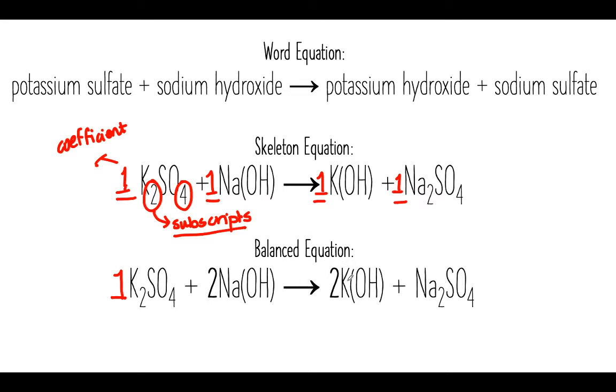On the right side of this arrow, I already have a coefficient of 2, which means that there are 2 potassiums on the right side. If you take a look at each of the elements that you see on the left versus the right side of the arrow, you know that this is a balanced equation, because whatever the number is of the element on the left side, there would be the same number of that element on the right side.